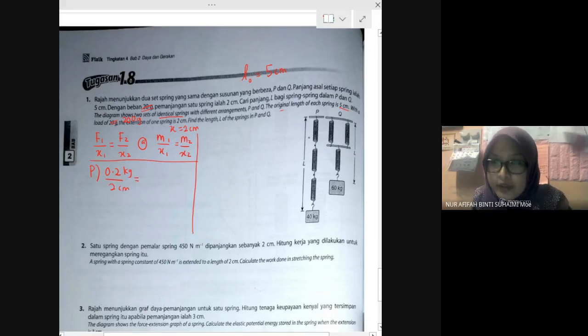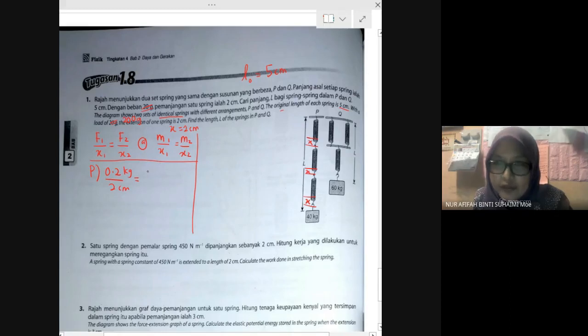Kita nak cari extension untuk each spring in system P. So what is X? Kita nak cari dia punya X. So now in P we have 3X, right? Okay. So find for one extension of spring first.